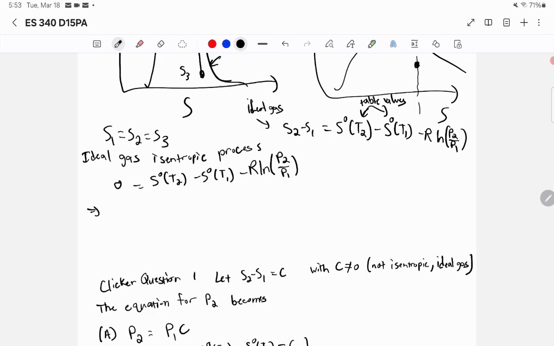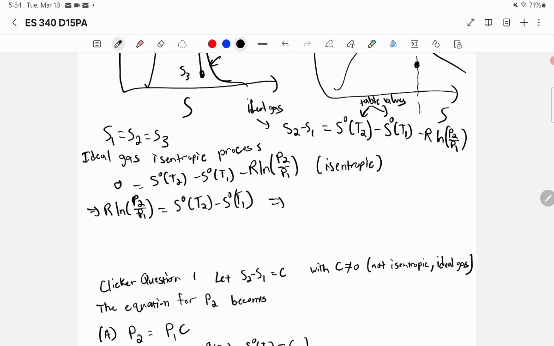But let's go about this now. So what does this imply? This means that R times the natural log of P2 over P1 is equal to S circle of T2 minus S circle of T1. Again, this is isentropic, because I set that equal to 0.